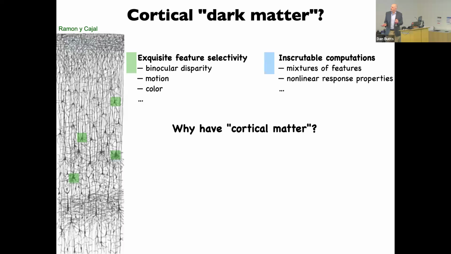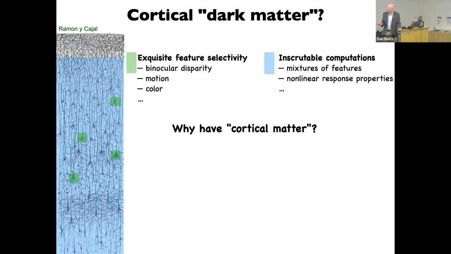And the thing is, this seems mixed with a big sea of what I call inscrutable computations, and we see them all the time. Neurons that are sensitive to both left and right eye information, but not selective to disparity. A lot of nonlinear cells that are mixing together things and don't have clear outputs.